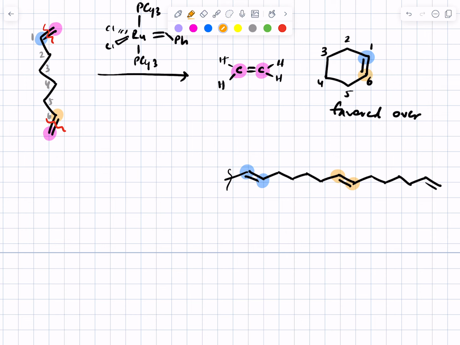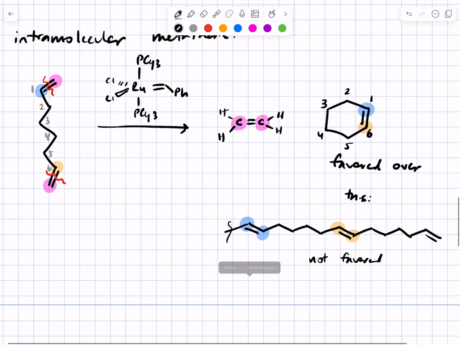That's a possibility, but the intermolecular product is slower to form than the intramolecular product. And that'll become clearer when we look at the mechanism.